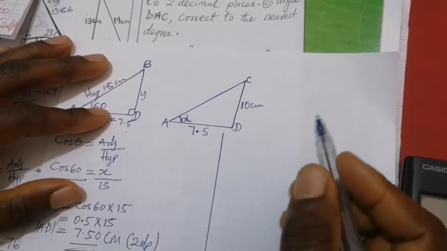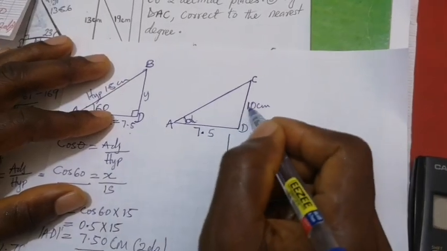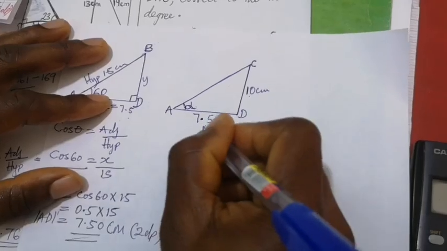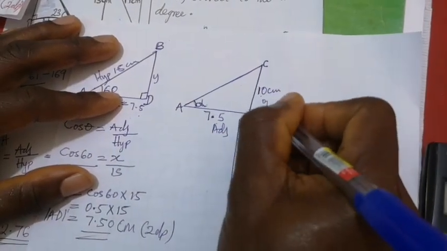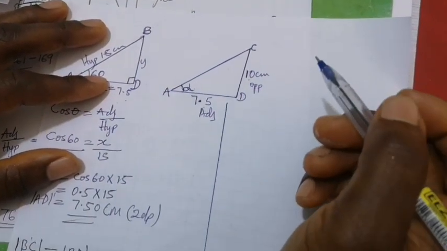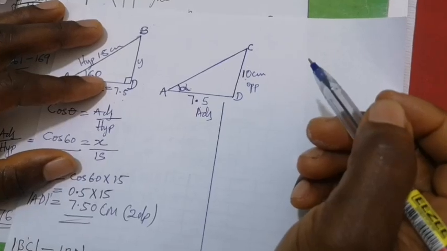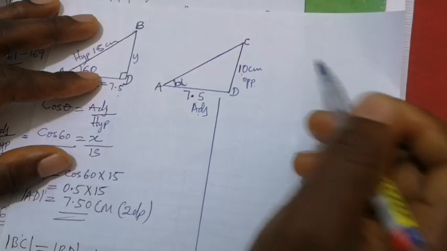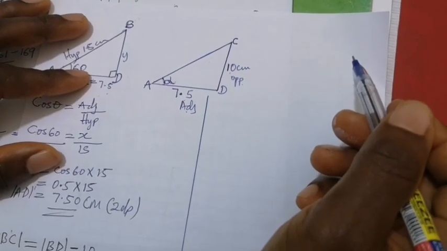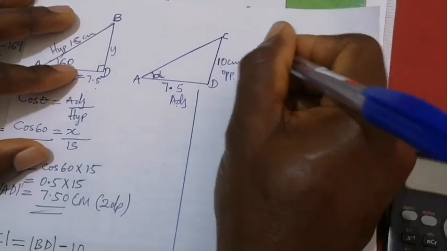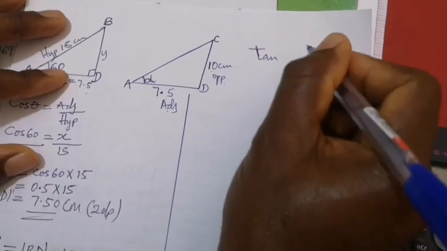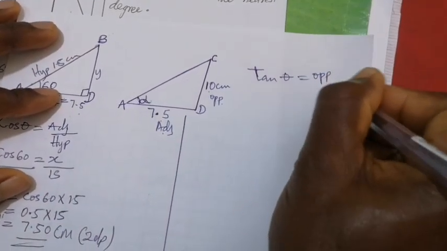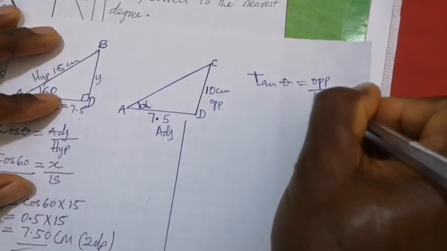Okay, now this is the opposite and this is the adjacent. Now we are going to look for the acronym that contains opposite, adjacent, and angle, and it's going to be TOA, which is tan theta is equal to opposite all over adjacent.